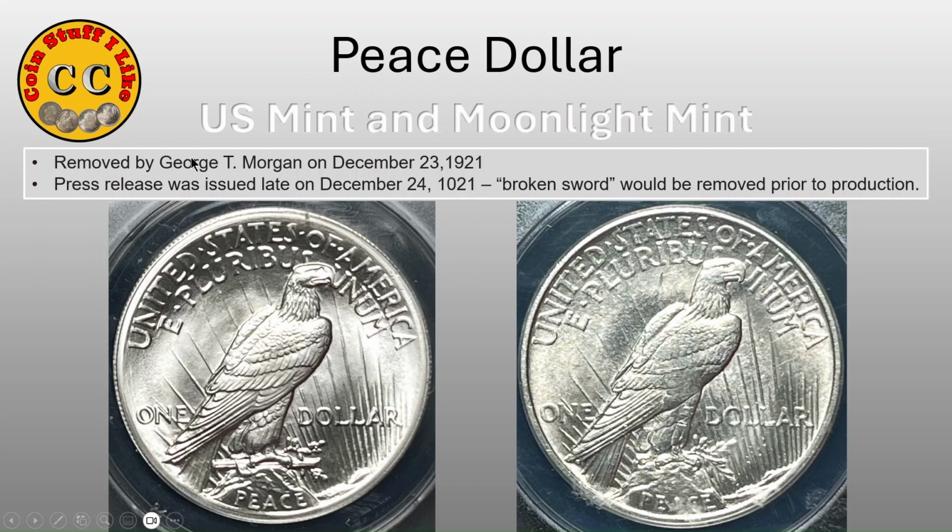And George T. Morgan painstakingly re-engraved, taking out the broken sword. And you can see that there's a little bit of additional twig in here as a remnant. And then as he took this element out here on the left-hand side, added some original rays. Look at the original design.